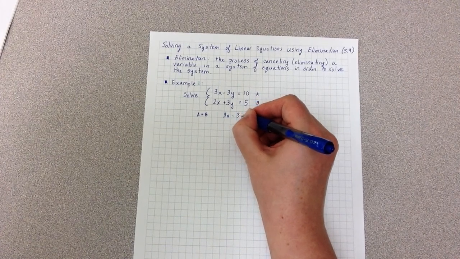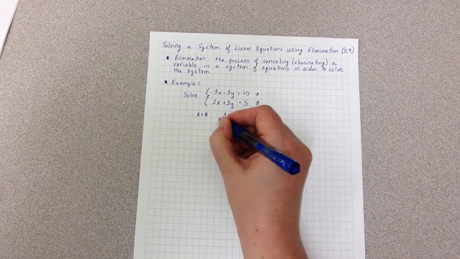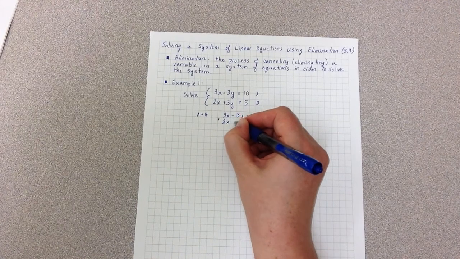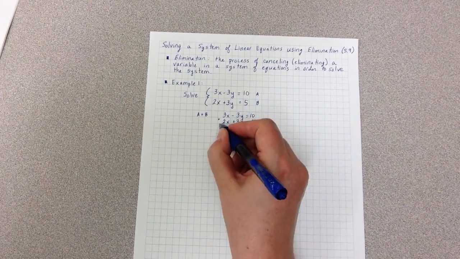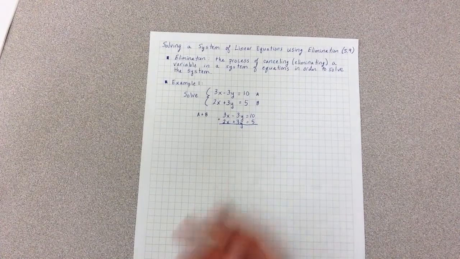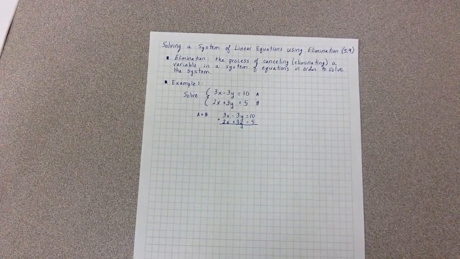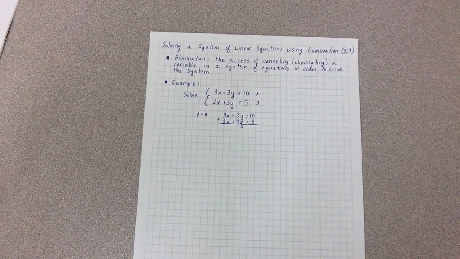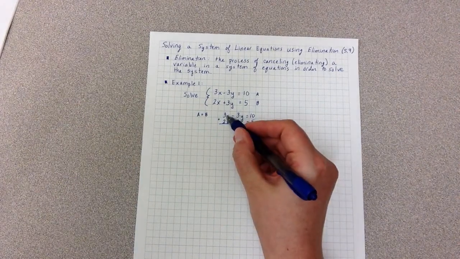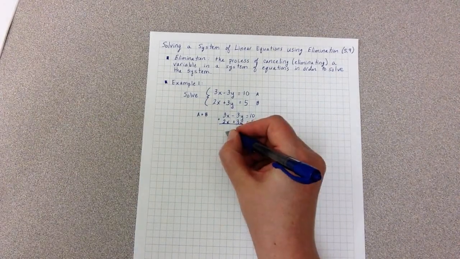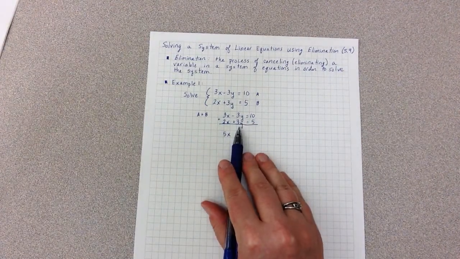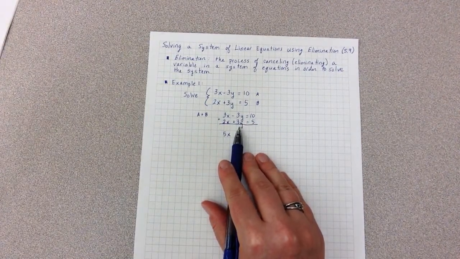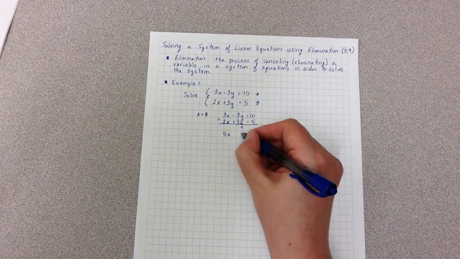So 3x minus 3y equals 10 plus 2x plus 3y equals 5. I'm adding these just like you learned to add facts back in elementary school. So 3x plus 2x is 5x. Negative 3y plus 3y is 0, so it goes away, it cancels.